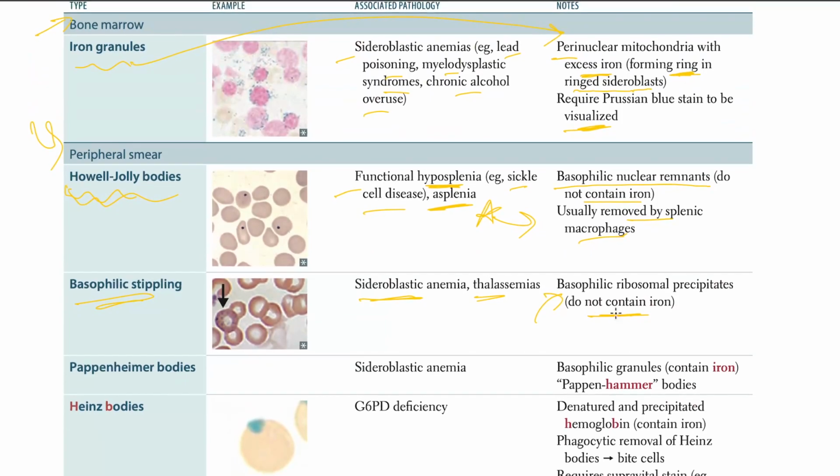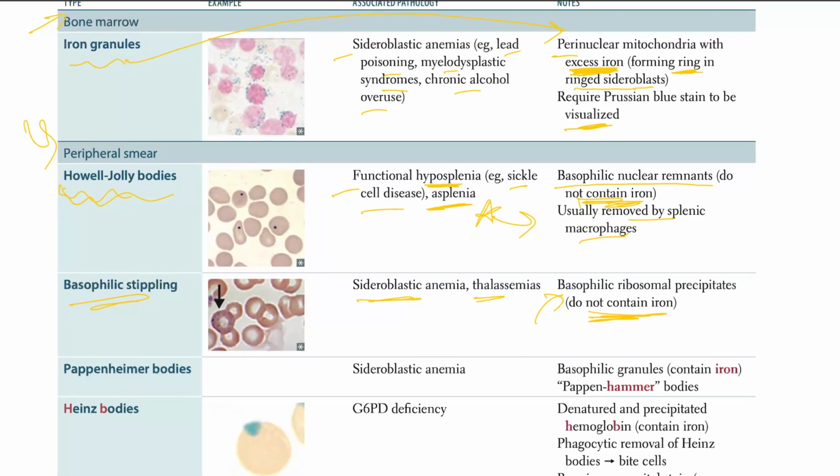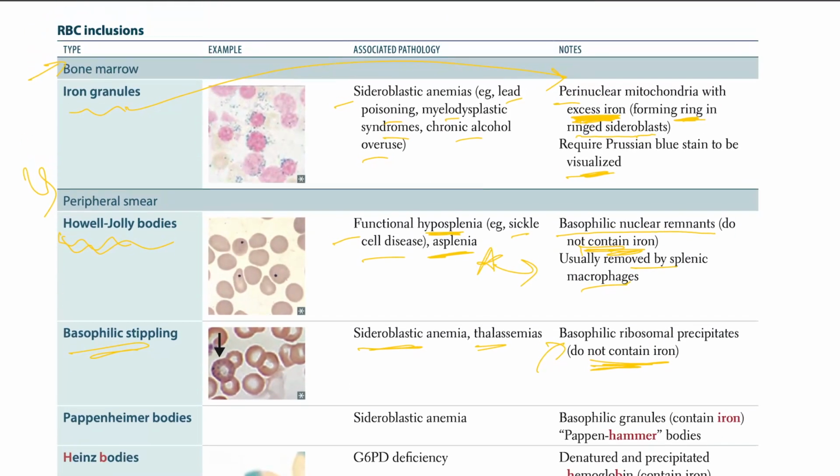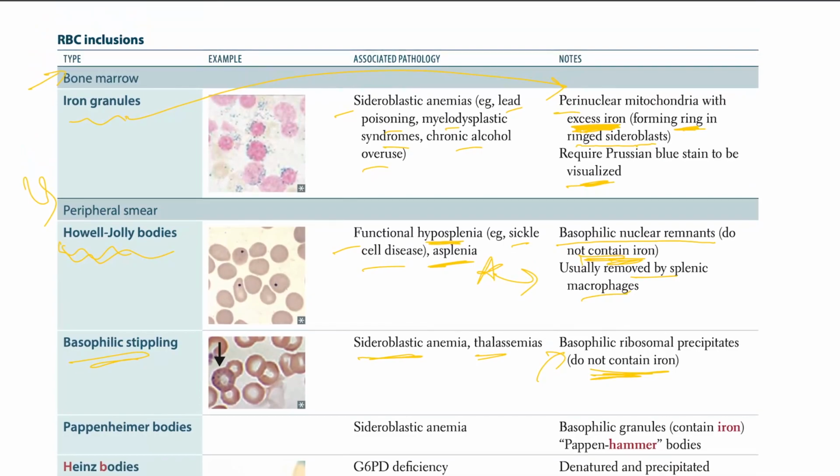So I think what they're trying to say is they're mentioning iron a lot of times. They are mentioning sideroblastic anemia specifically, for example lead poisoning, myelodysplastic syndromes, or chronic alcohol overuse.